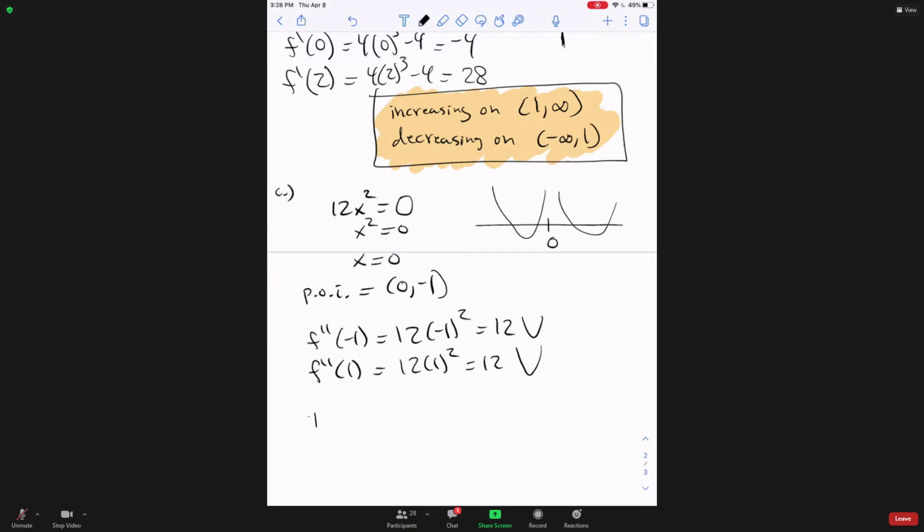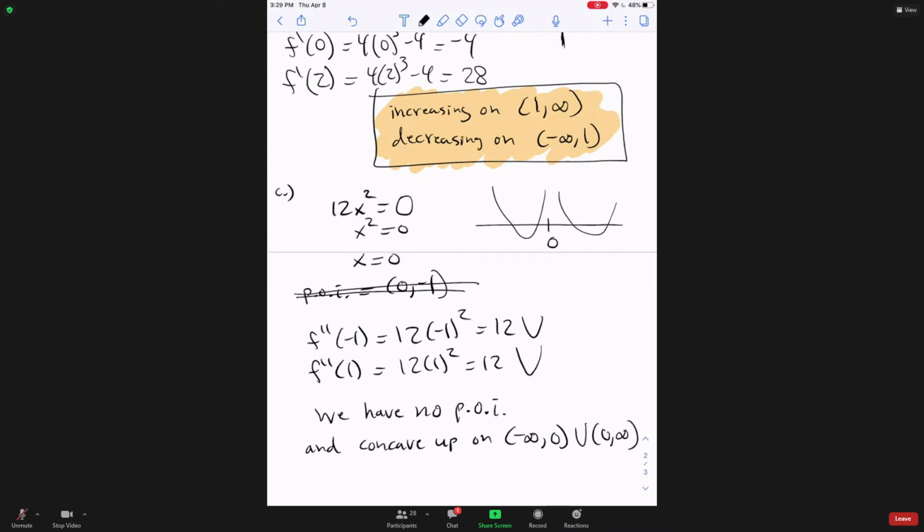So the answer is we have no point of inflection and concave up on, technically you're supposed to say, -infinity to 0, union 0 to infinity.